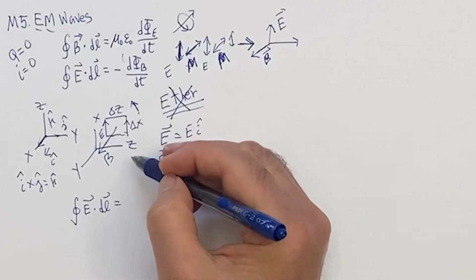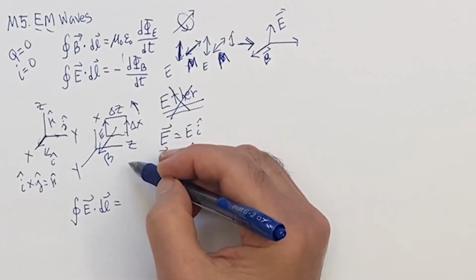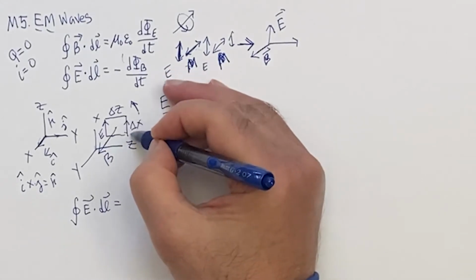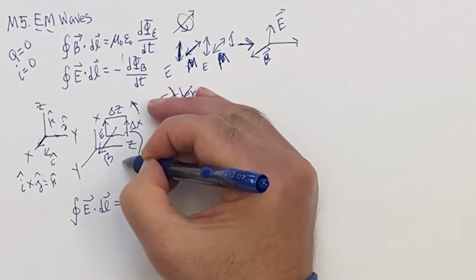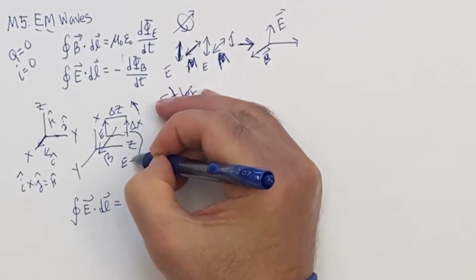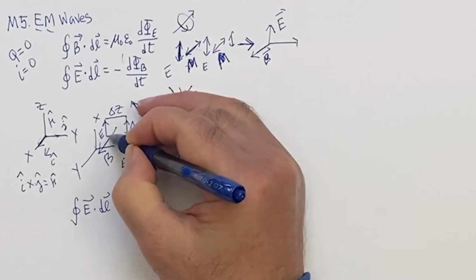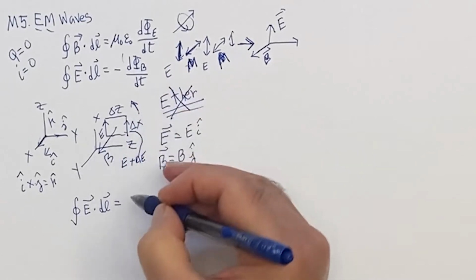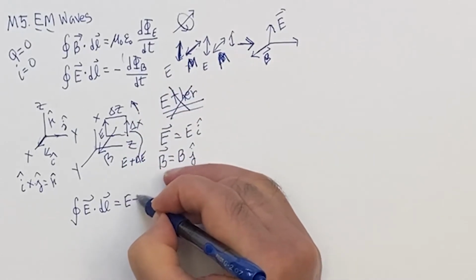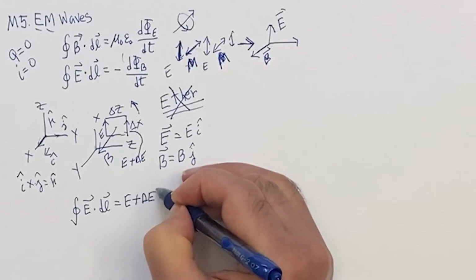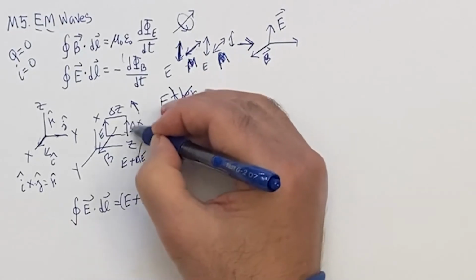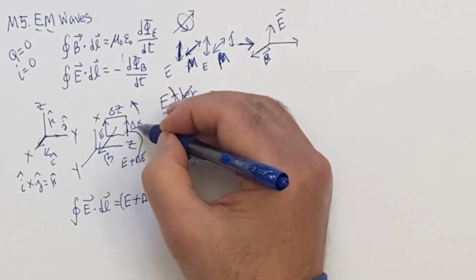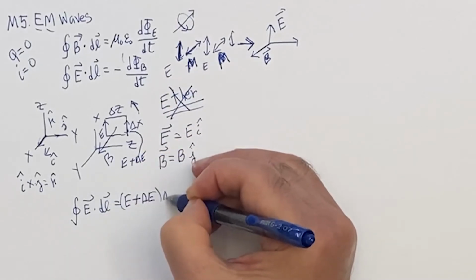So that would be a counterclockwise one here. And for the counterclockwise one here, this E on this other side would be an E plus a delta E, because we're a little bit to the right here. So that's going to give us E plus delta E, the one on the right, and we're going to multiply by delta x, because that's along the path, delta x.